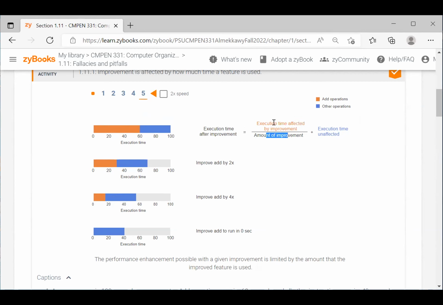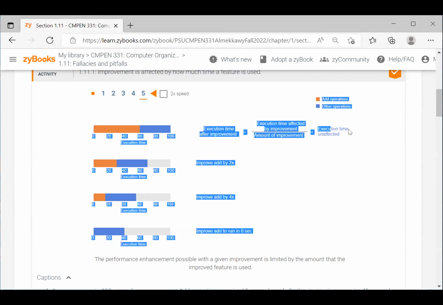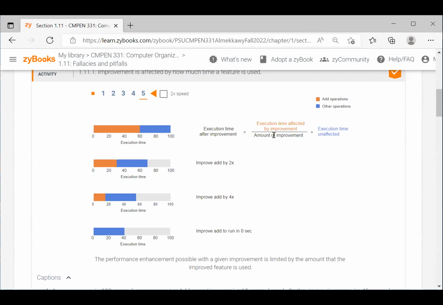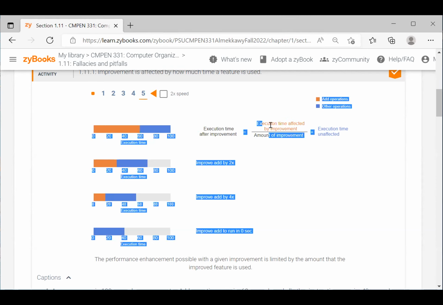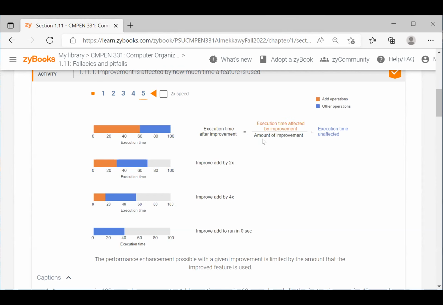In this case, 60 divided by 2 is 30. So I have added 30 plus 40. In this case, 60 divided by 4 is 15. 15 plus 40, this is another one. And then the last one, the total of these is 0. 0 plus 40 is still 40. Okay.